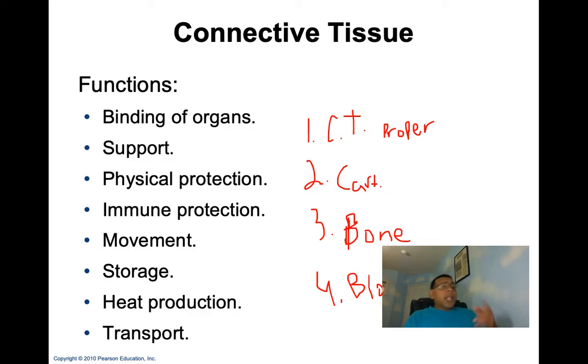Now, some common characteristics that I'd like to mention to you guys. The first is that all connective tissues are going to arise from mesenchyme. Mesenchyme is an embryonic tissue.